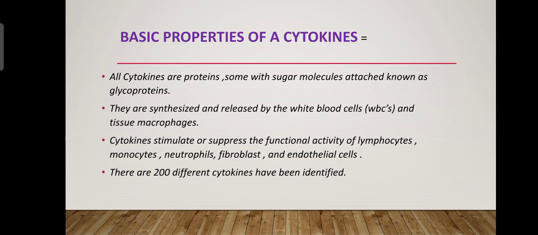And what are macrophages? Macrophages are specialized cells involved in phagocytosis. Cytokines stimulate or suppress the functional activity of lymphocytes, monocytes, neutrophils, fibroblasts, and endothelial cells. About 200 different cytokines have been identified.